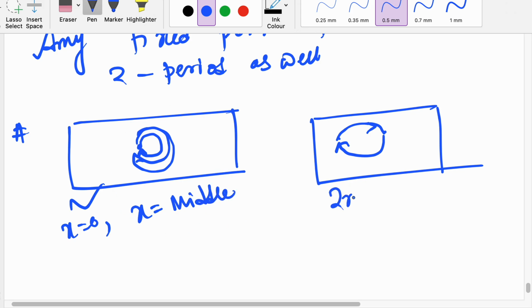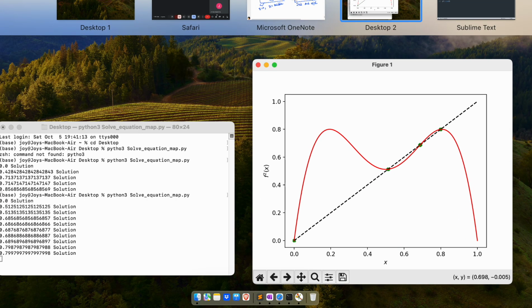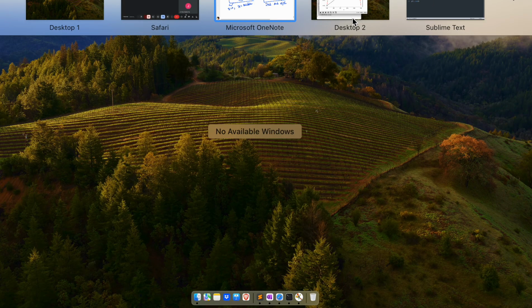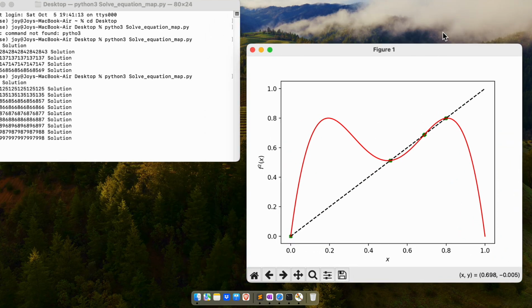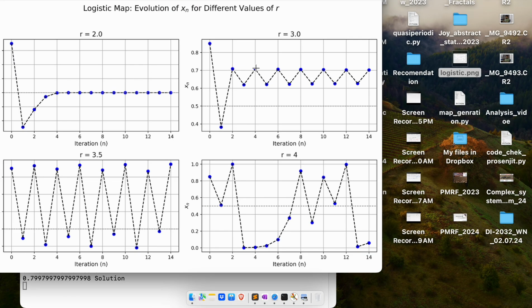Now the second and fourth, these two fixed points, are the second kind of fixed point. These two fixed points actually correspond to, if I go back to this card, one is this point and another is this point.